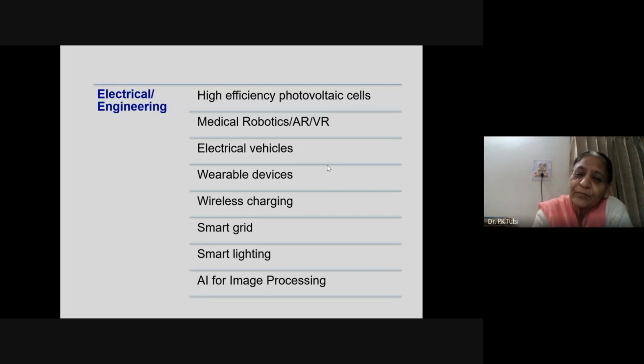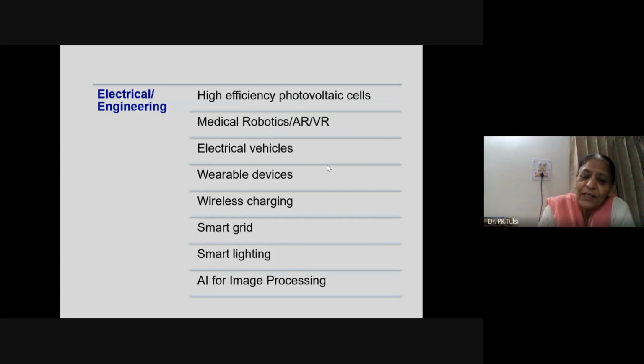Maybe we're talking in terms of the batteries, the battery life, and so on. We're talking of batteries, recharging stations, replaceable batteries, and so on. Then wearable devices, wireless charging, smart grid to have very effective and efficient electricity management systems, and smart lighting, so the wastage you can stop.